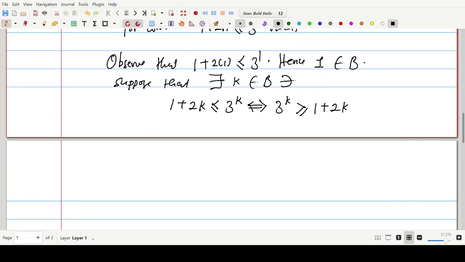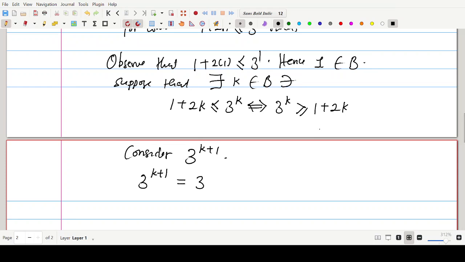All right. So we have this. So we can consider the expression 3 to the power k plus 1. Now 3 to the power k plus 1 is equal to writing 3 to the power k times 3. Can you see that?